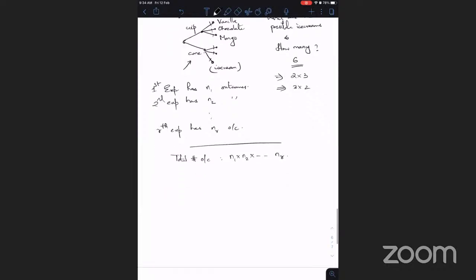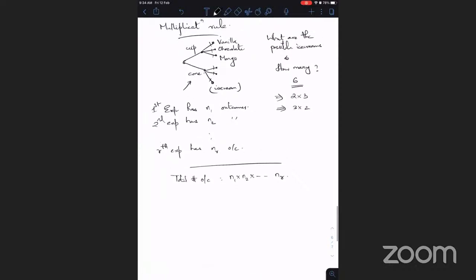So that's how you solve cases when you have sequential experiments. And the tree diagram is a tool which you can use for many such problems. In general, for computer science people, at least, you would have seen trees a lot, and trees help in structured thinking. So keep that in mind.